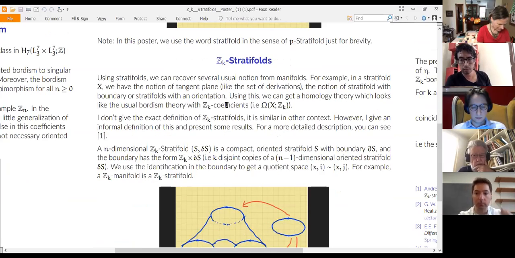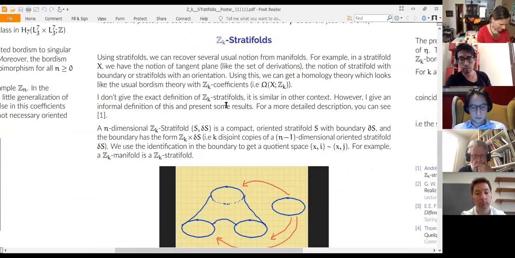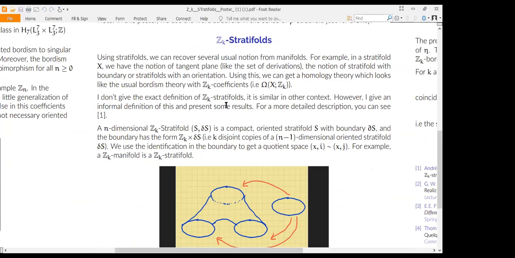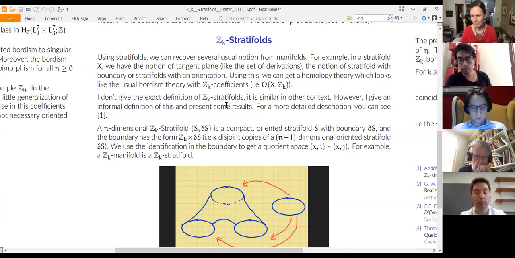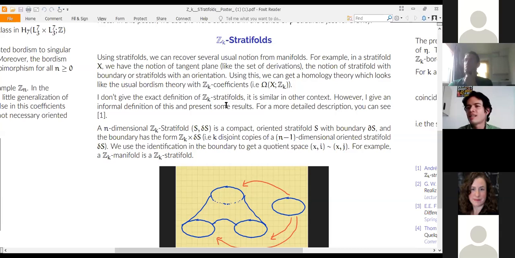Just I want to say that a CK-stratifold is a stratifold with boundary. Among the other notions that you can recover in this language for these spaces, you can talk about stratifolds with boundary in the same way that you can talk about manifolds with boundary.